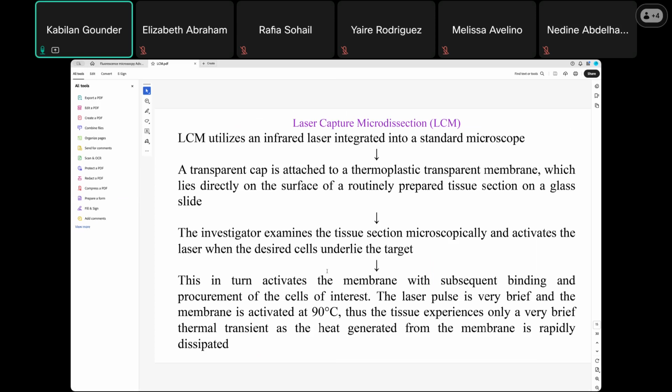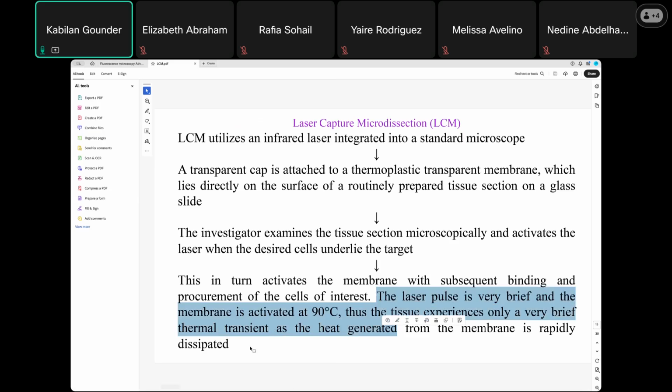Thus, the tissue experiences only a brief thermal transient. So it generates 90 degrees centigrade, which melts the polymer that sticks onto the tissues, and then you can pick it up.